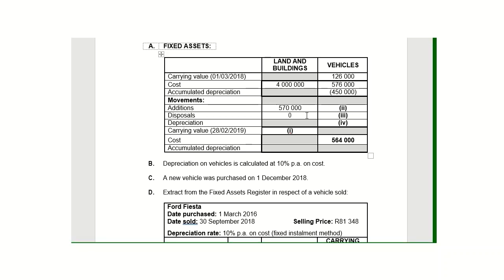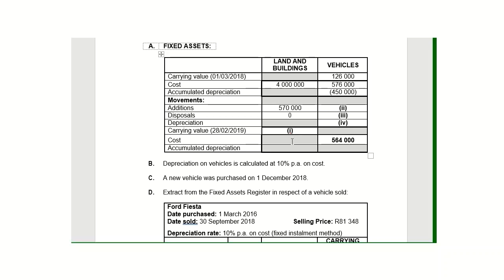Now, the first one is land and buildings. It's normally the easier one because there's never any depreciation. So we're just working with cost. In this case, they give me an opening cost of 4 million, and tell me there were additions of 570,000. I've got to work out the carrying value, but the carrying value is the same as the cost because there's never any depreciation.